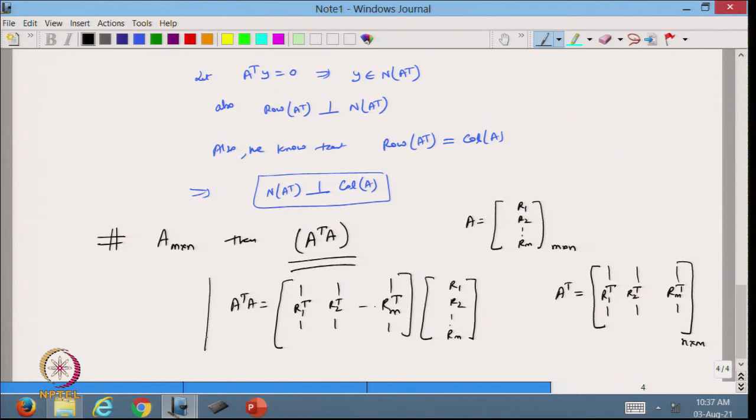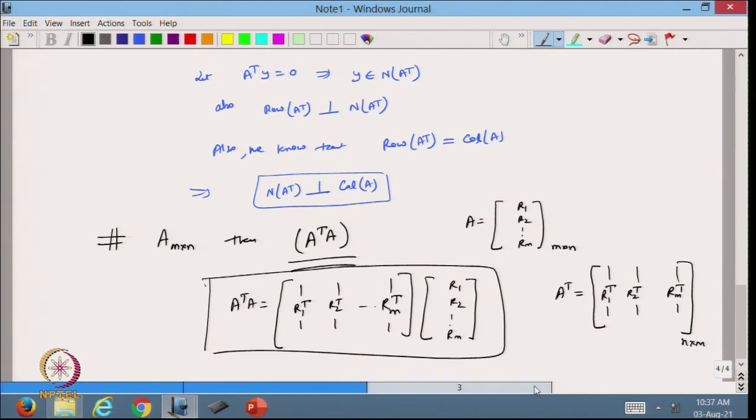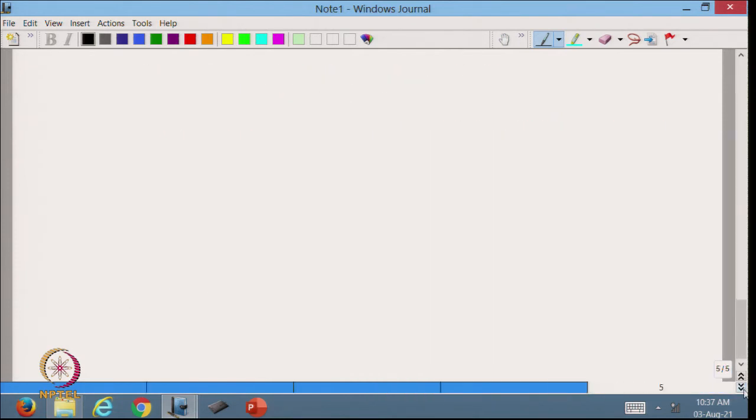So, this is my A transpose A. It means that I am taking the dot product of each and every row of the given matrix. Now I want to discuss some properties of A transpose A.